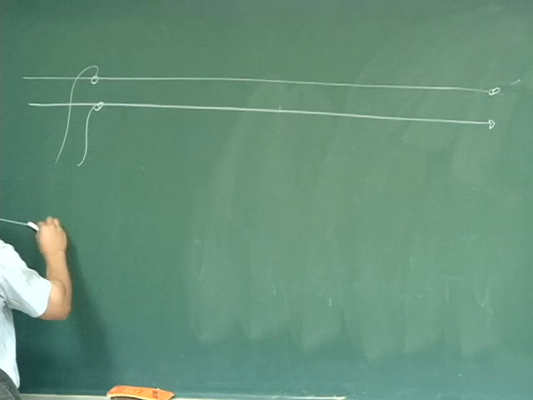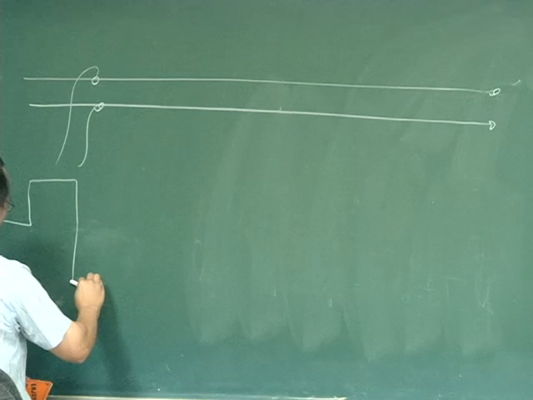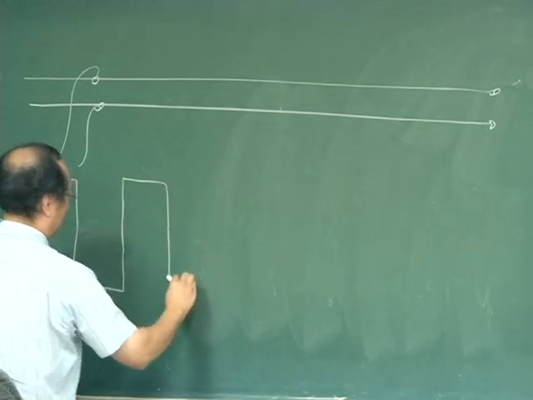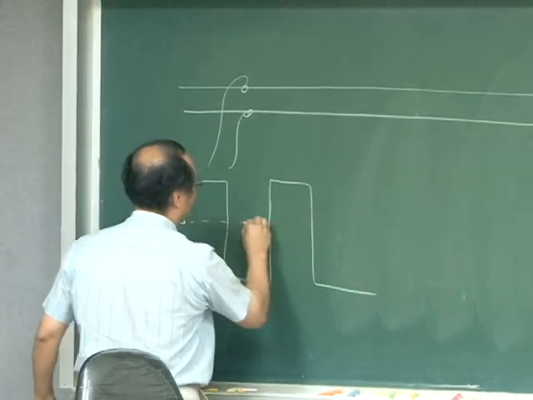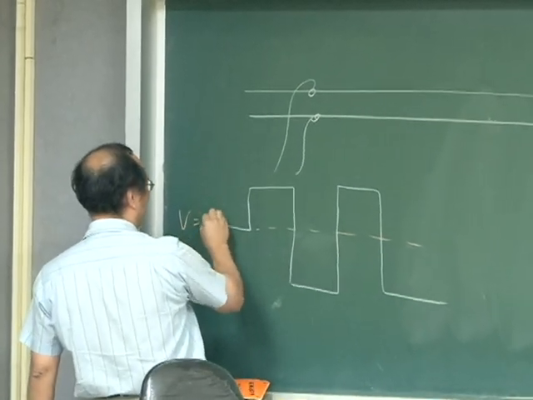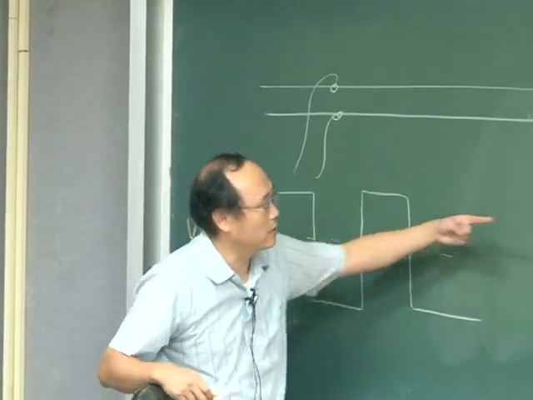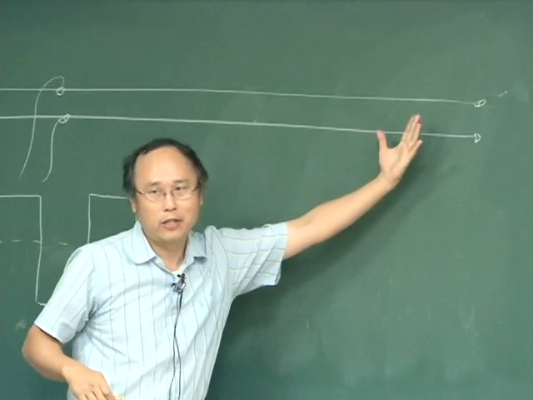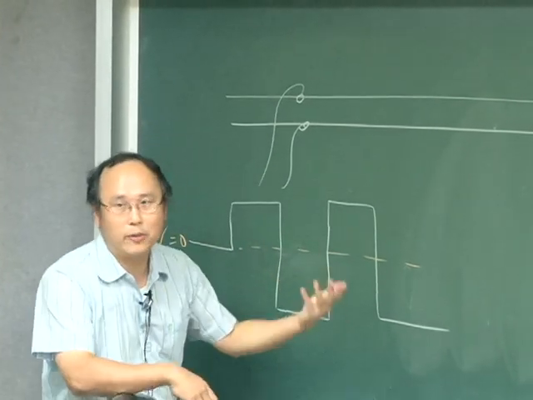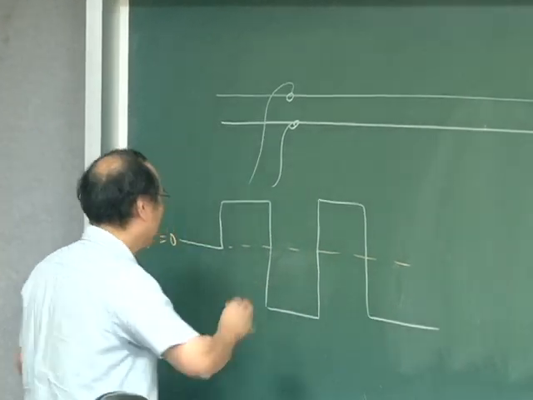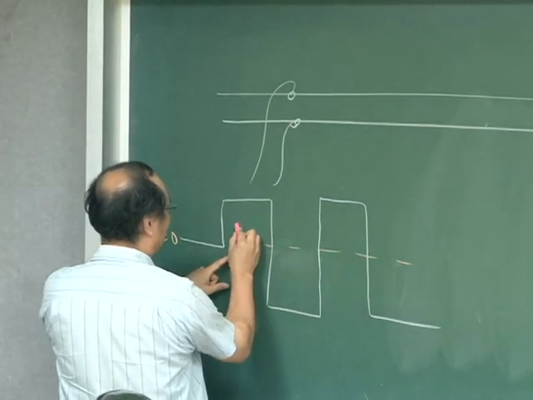And then it sends a square wave into the system, into this transmission line, and this is the zero value, v equal to 0. Okay. What happened is that once the signal propagated to the end of the transmission line, the signal reflected back. So there's always some attenuation in the line. So the reflected signal comes back like this.